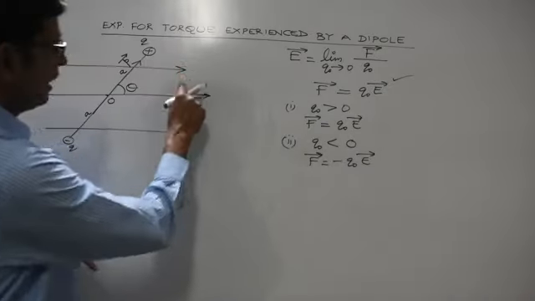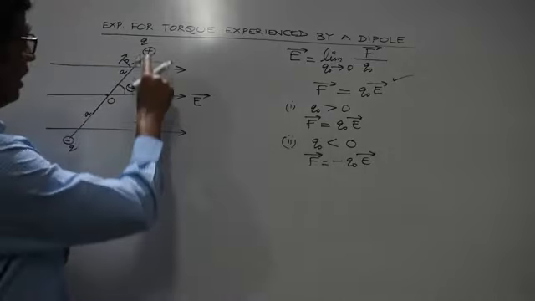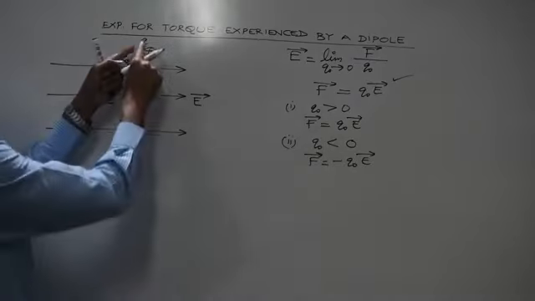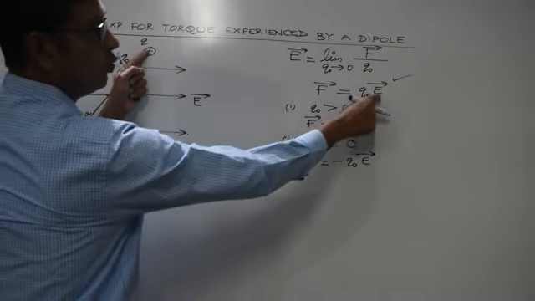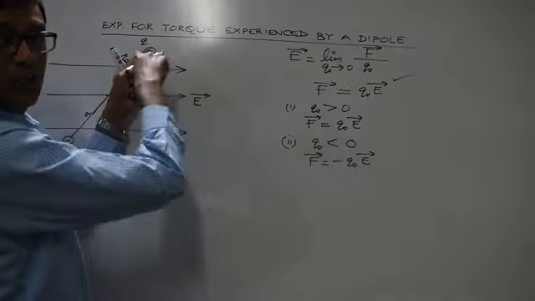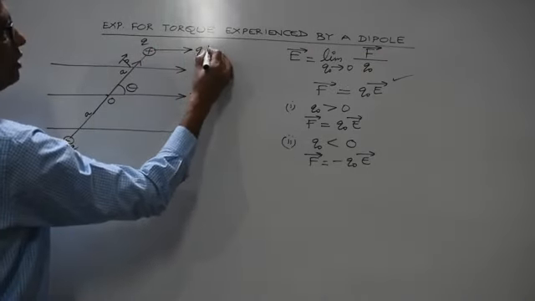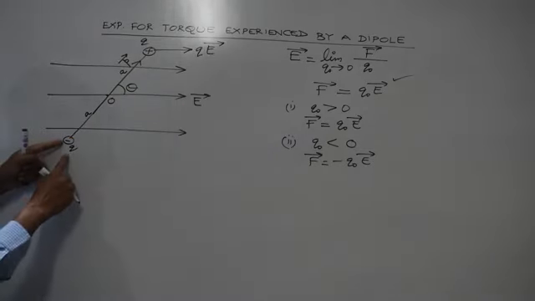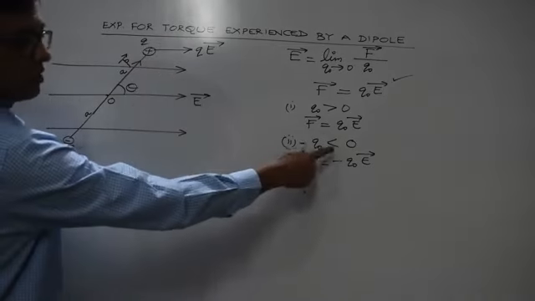So here the applied field, this uniform electric field, is due to some other source charge, and these two charges can be considered to be the test charge. Now this is a positive charge. It will experience force QE along the direction of the electric field. While this is a negative charge, it will experience the same force but in the opposite direction.